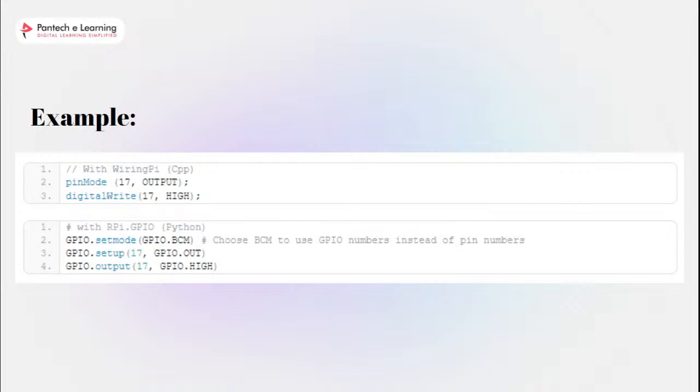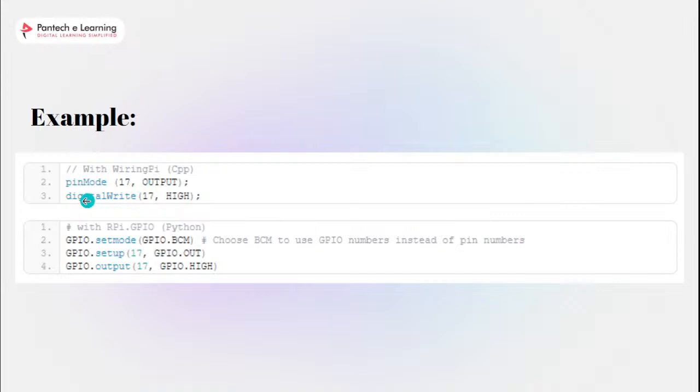You can then use more GPIOs to transfer more pieces of information. Here, I want to take pin number 17 as output. Using pinMode, you can make that pin an output. This is all in Arduino, and this is in Raspberry Pi.